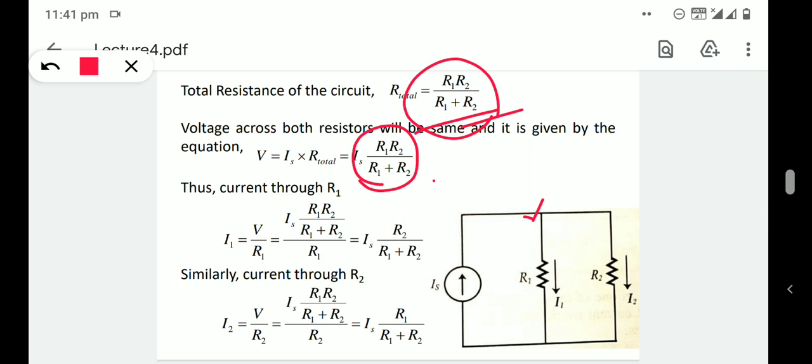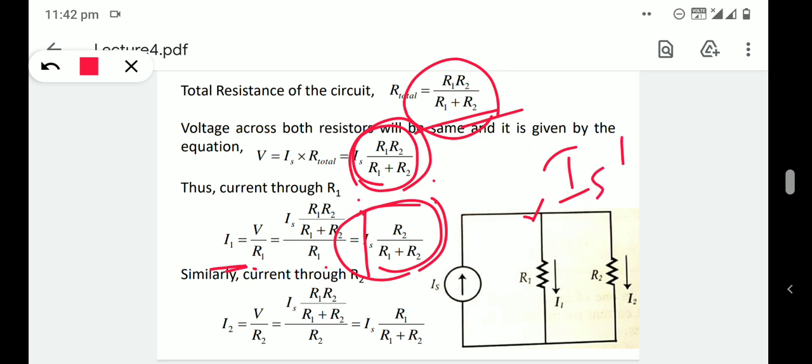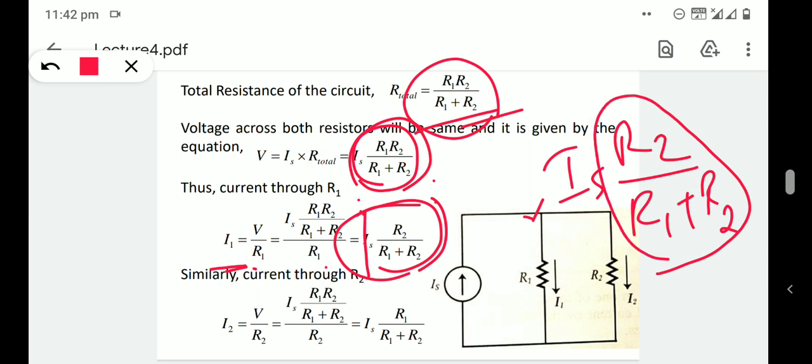Then the current through R1 will be V divided by R1, and we get this equation. To find I1 we need to know only Is into R2 divided by R1 plus R2. That is, only the resistance values are needed to find the current flowing through each resistor.